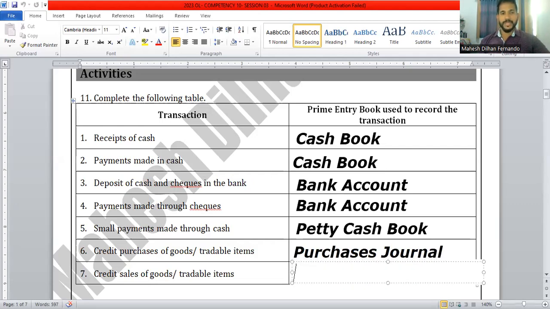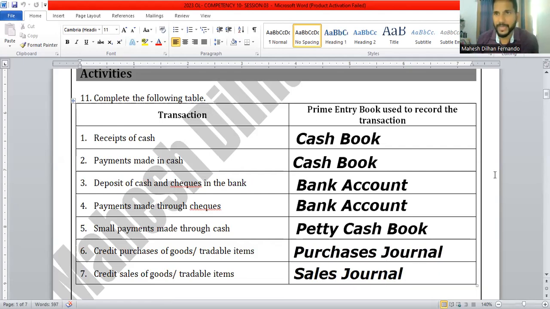And the next is credit sales of goods, tradable items, sales journal. This is a summary of the prime entry books that we have discussed in the class. So why did I give this as a question?